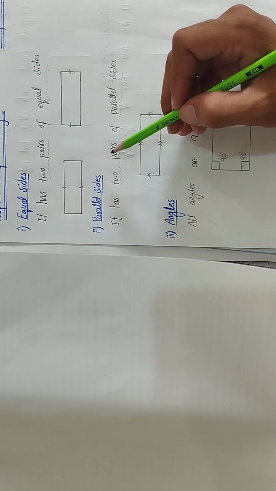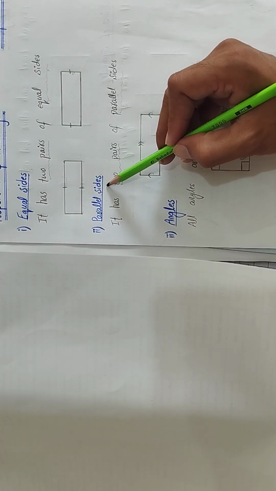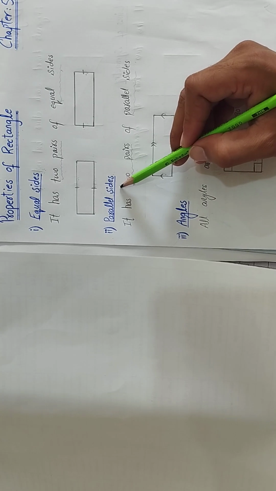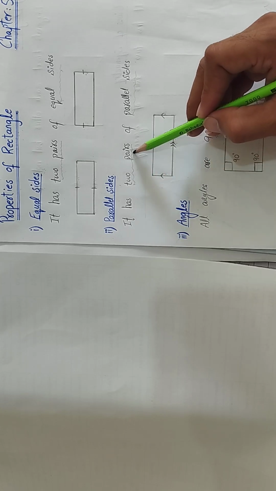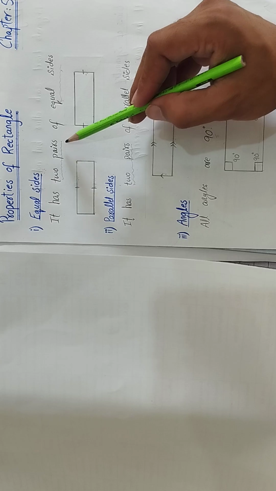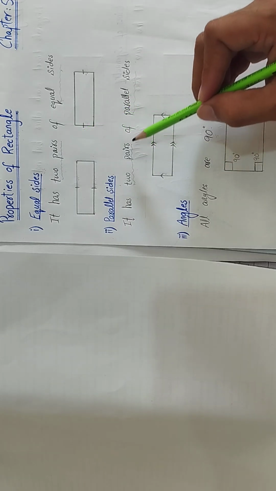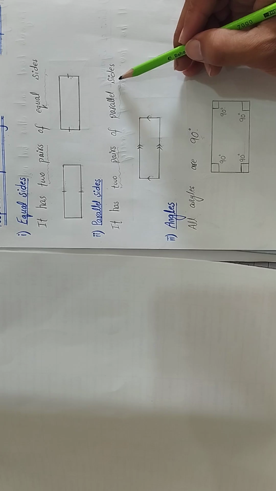Now let's see the second property. The second property is how many parallel sides, how many pairs of parallel sides we have in rectangle. It has 2 pairs of parallel sides. So just like equal sides, it has 2 pairs of parallel sides. Now you know what do you mean by parallel sides?